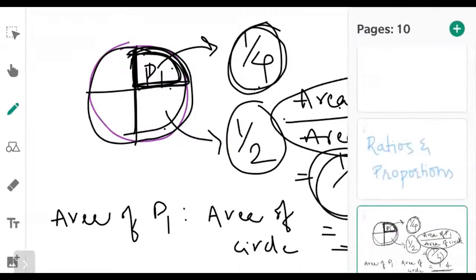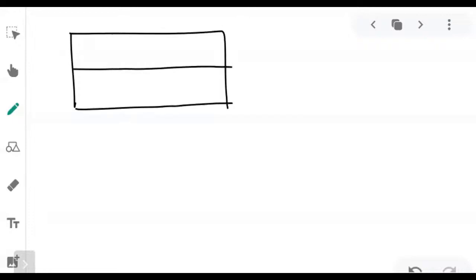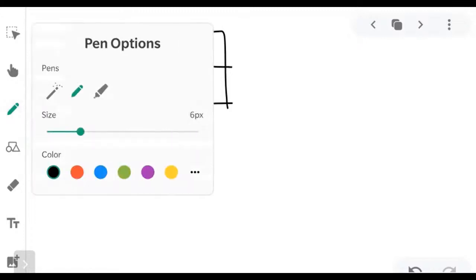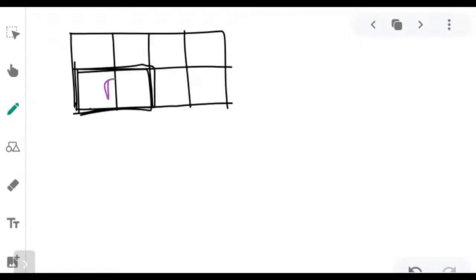That being said, you know how to simplify fractions? I have something like this. This whole part is my P1 and this is my whole rectangle.